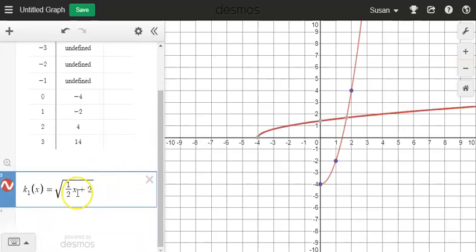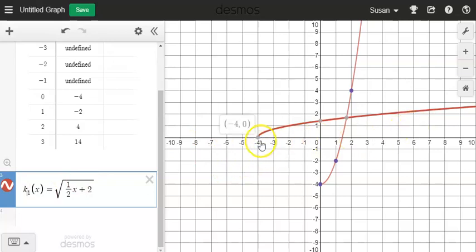Okay, so in Desmos, we can type our inverse of our function, and you don't want to use the same variable. So I did K1. You could just use a whole different variable like f of x. But you do need to type in your function, and then you'll notice that it automatically has restricted the domain of this function to -4 to infinity.